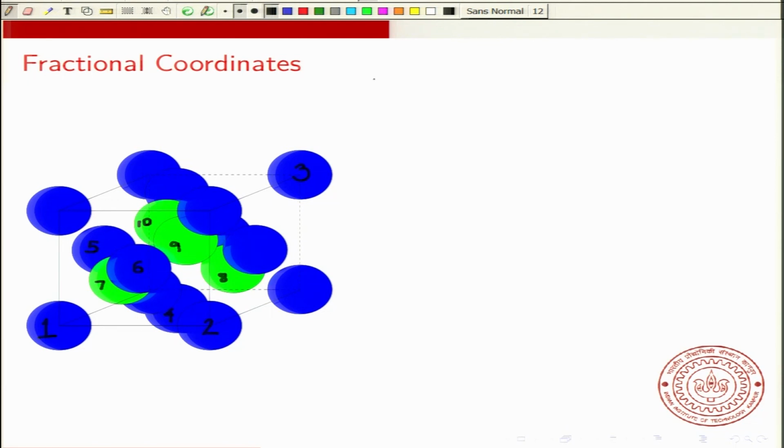So what is the fractional coordinate of 1? You can easily see that this is at the origin. So its fractional coordinates are 0, 0, 0. What are the fractional coordinates of 2? Now 2 is located a distance a away. So it is located a distance of the lattice parameter, and if we call the lattice parameter a, then the coordinates are a 0 0, but in fractional coordinates it is written as 1 0 0.